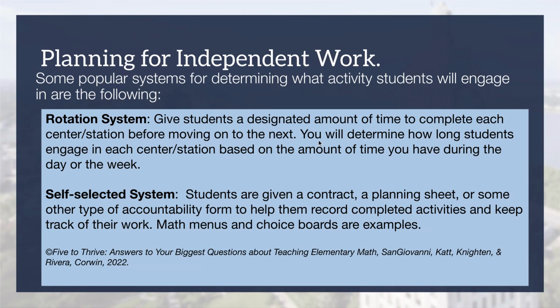So planning for independent work. Like I was saying before, there could be a teacher-led small group, a Math Nation small group, a Dreambox small group. You can use the rotation system where if we're doing 30 minutes, maybe we only have 2 different activities, and we rotate through those activities. The students who are doing enrichment may not need to come to me.